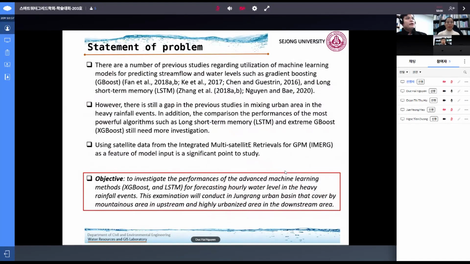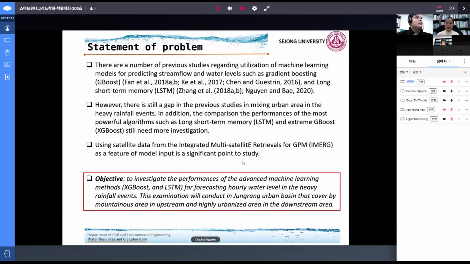There are a number of previous studies regarding the utilization of machine learning models for predicting streamflow and water level, such as gradient boosting in some research, for example Fan et al. 2018, Chen and Guestrin 2016, and long short-term memory. This model has also received massive attention in recent years.